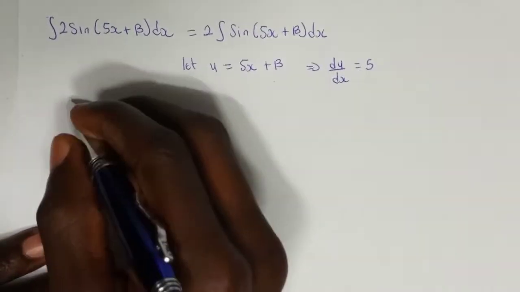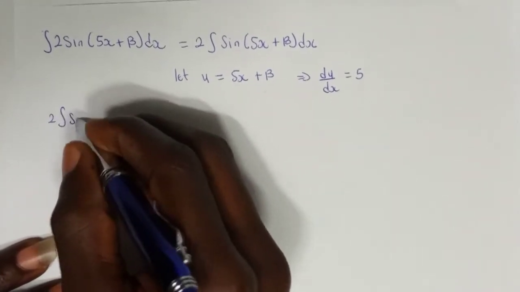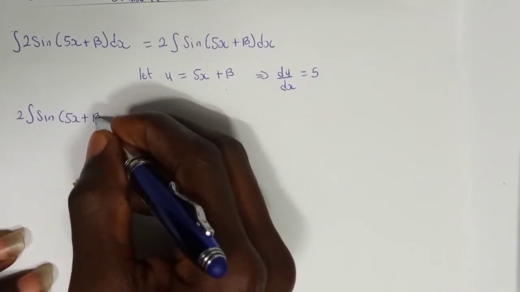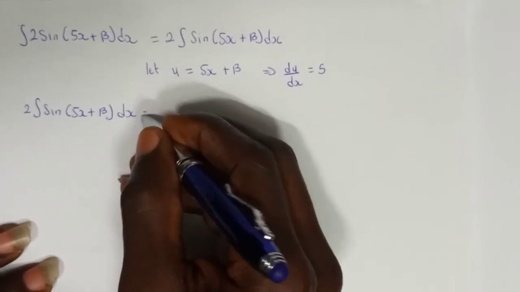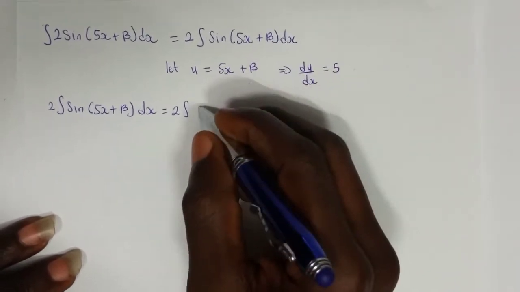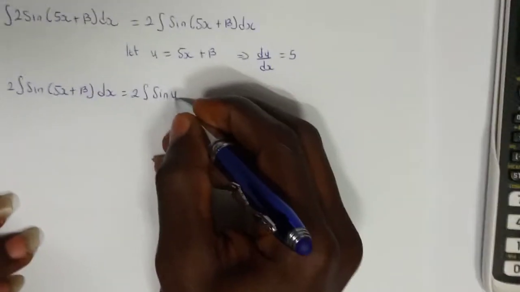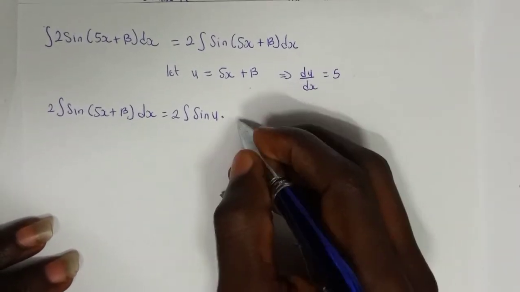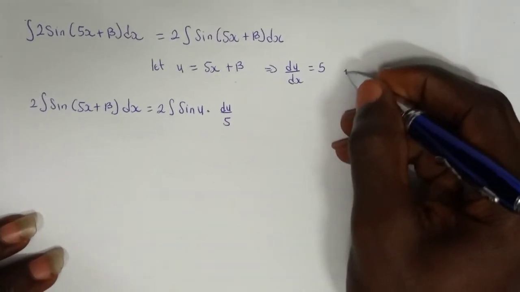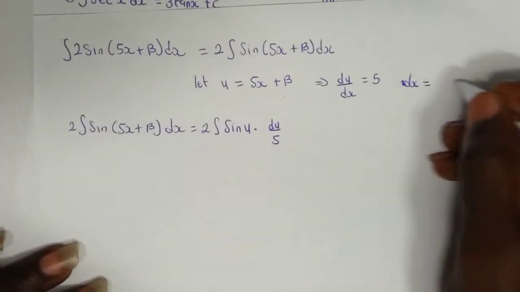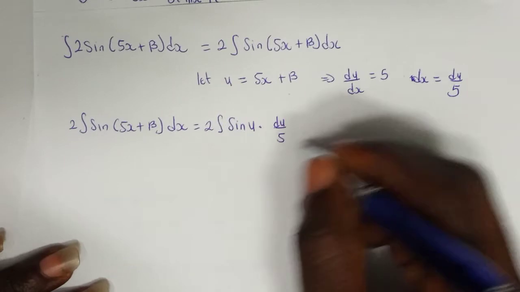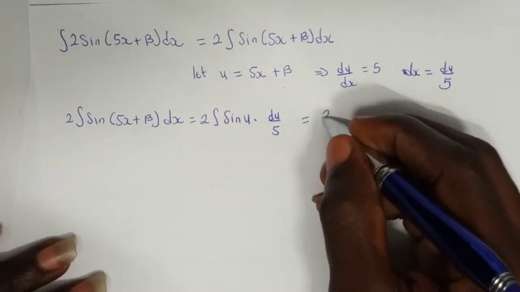So 2 sine into bracket 5x plus beta bracket close dx will be equal to 2 integral of sine u times du over 5. Here we make dx the subject, so dx will be equal to du over 5.